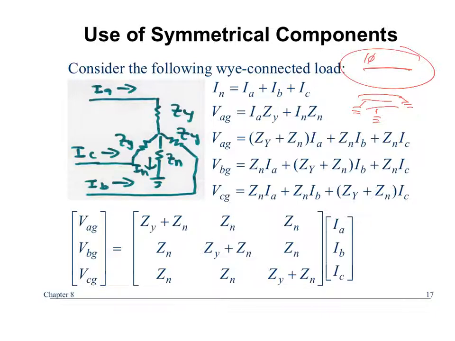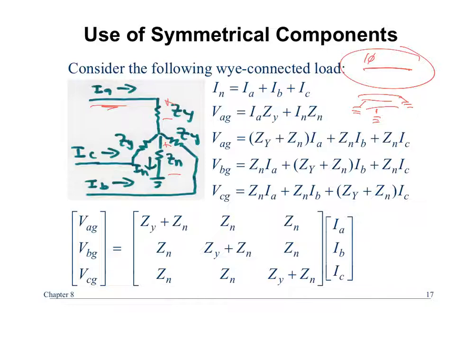So let's go ahead and just build things from our phase components, right? We have a neutral current, which is the sum of ABC. We have the ground voltage for phase A, going to be equal to whatever the current is in phase A through the line, times that voltage drop, plus whatever voltage drop we get there, right? We're doing it relative to ground.